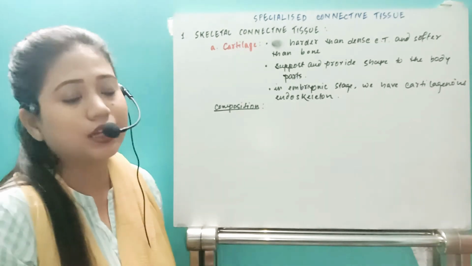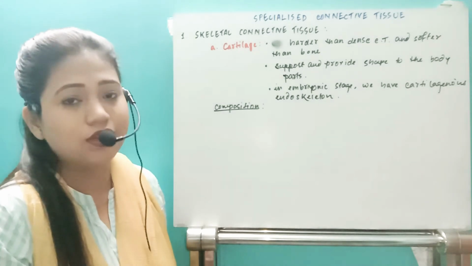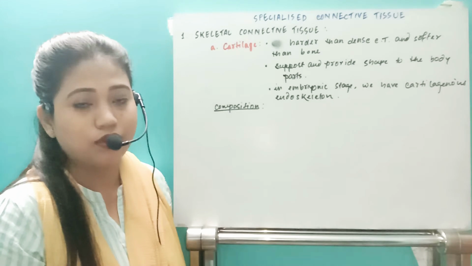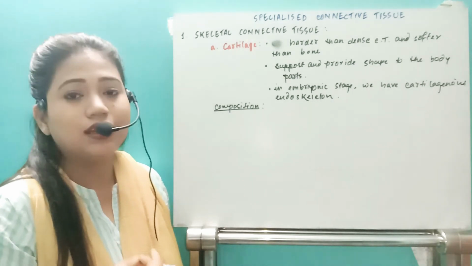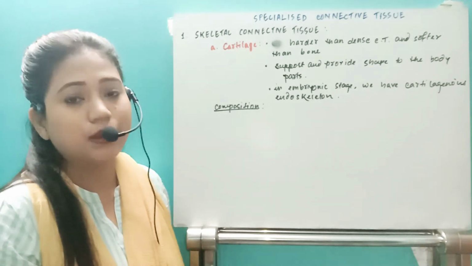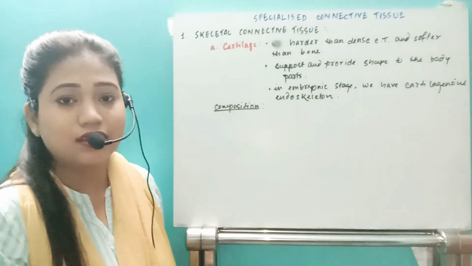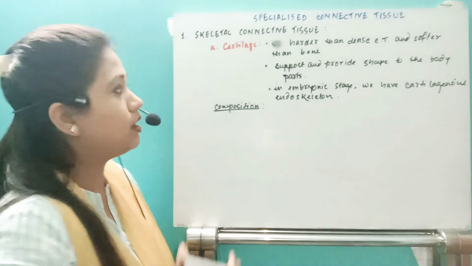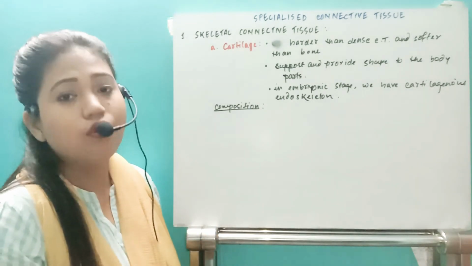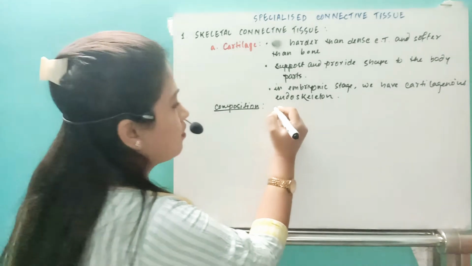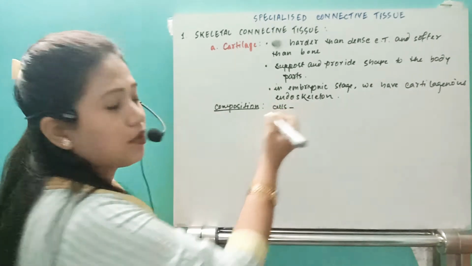Like in the connective tissue proper, we studied that the connective tissue has three parts: one is the cell part, second is the matrix, and third is fiber. Similarly in cartilage also we are going to see three components. First of all, the cells, right?